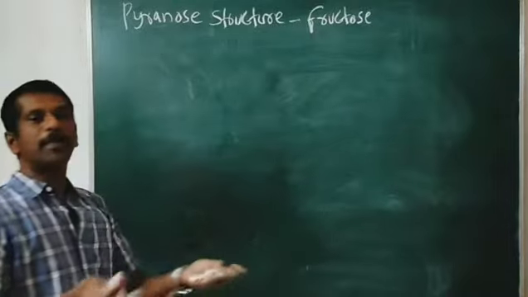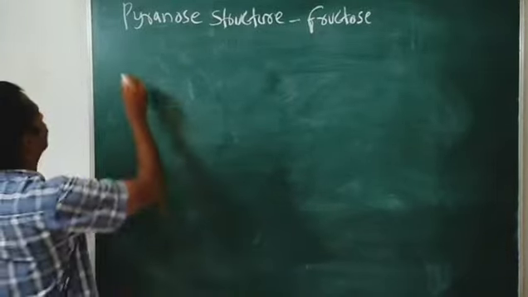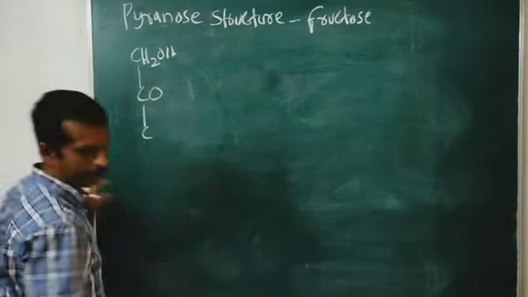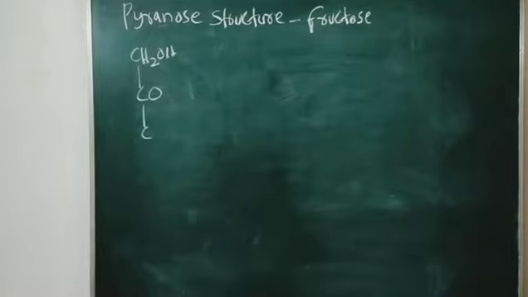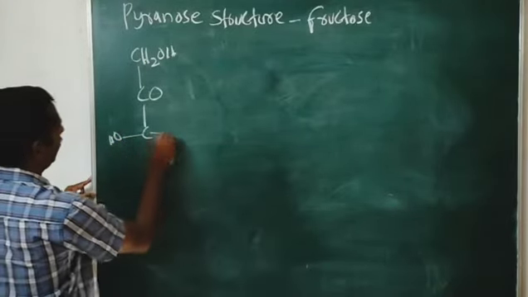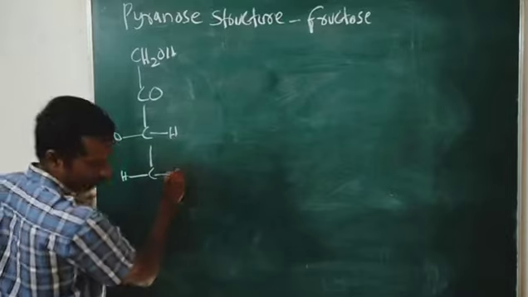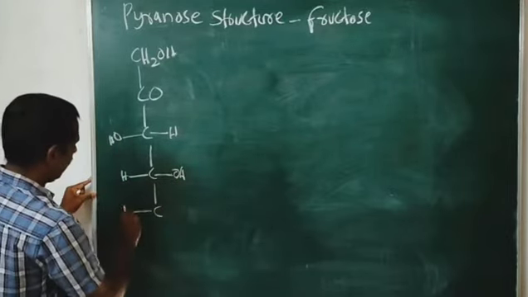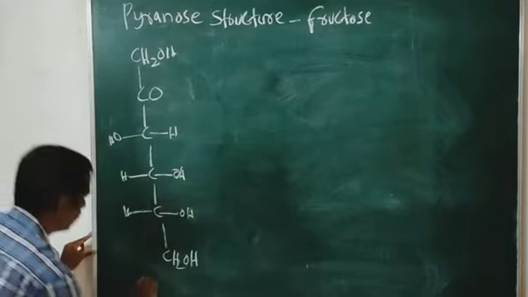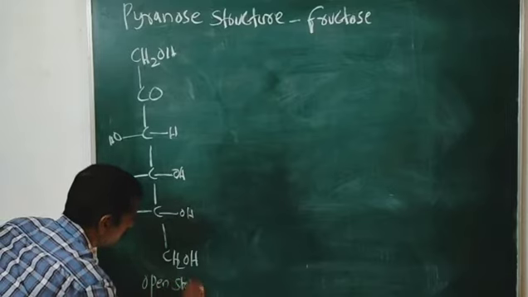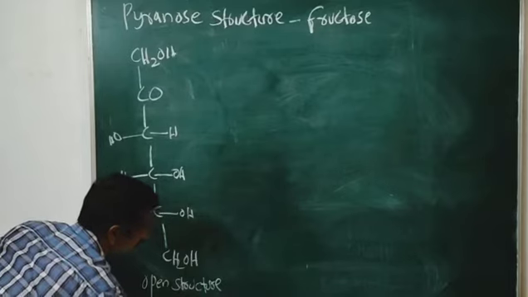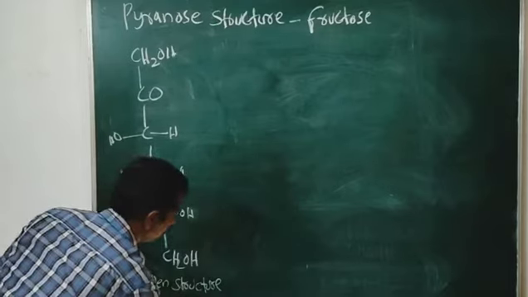We know the open structure of fructose, which we already discussed: CH2OH, CO, C, OH, H, C, H, OH, CH, CH2OH. This is the open structure of D fructose.